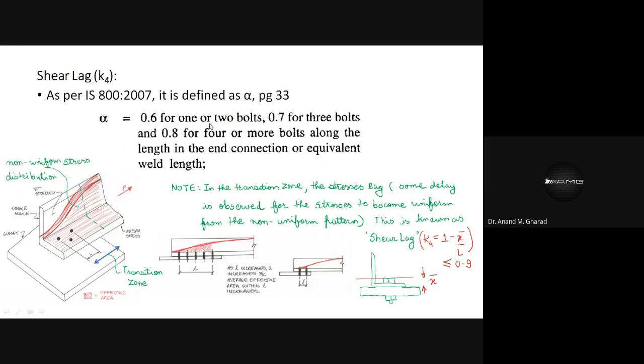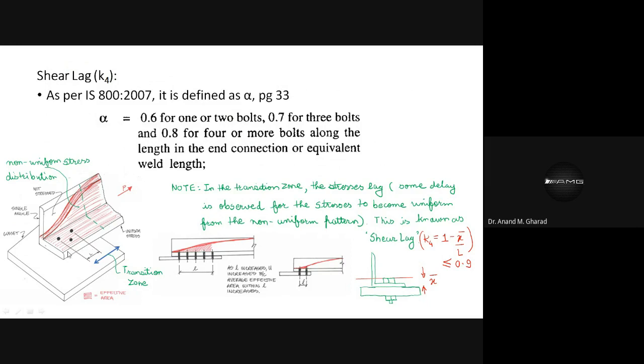0.6 for 1 or 2 bolts. If there are 1 or 2 bolts, this shear lag, which is represented by alpha in your IS code, should be 0.6, 0.7 for 3 bolts, and 0.8 for 4 or more bolts along the length in the end connection or equivalent weld length. So even for welding, this alpha value has to be defined.